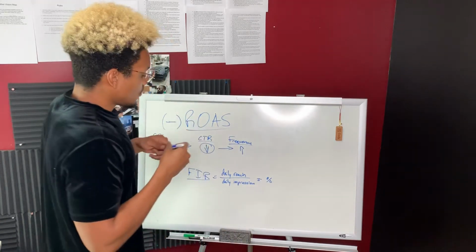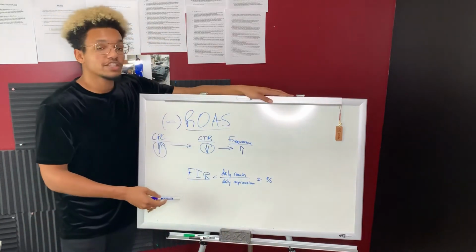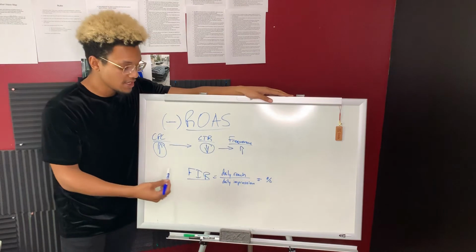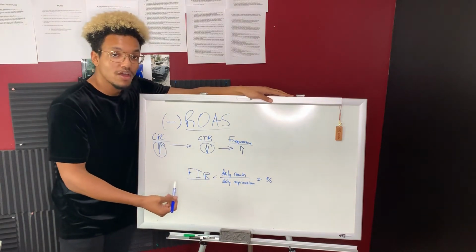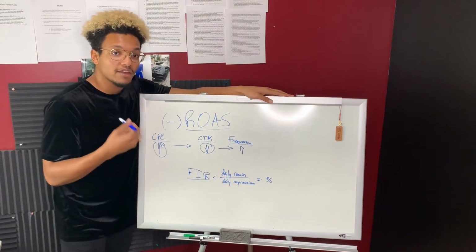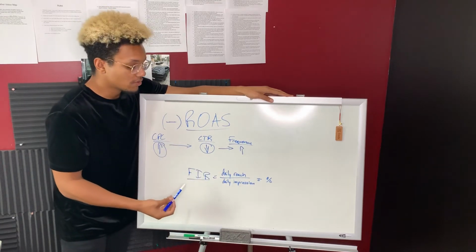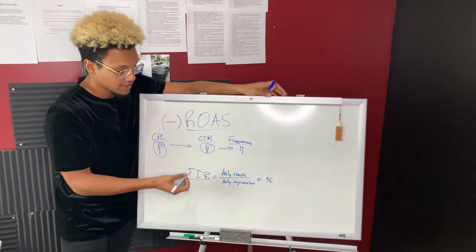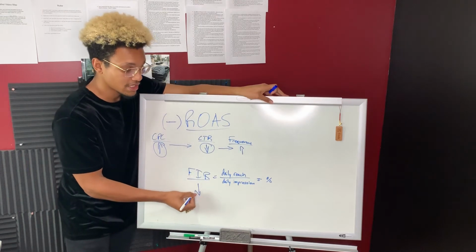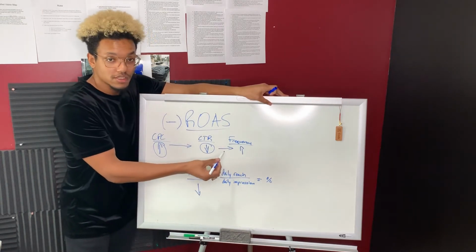So, why is this important? Your first time impression ratio is how many new people are seeing this ad for the first time out of this audience, right? It's not a good sign if your first time impression ratio is decreasing while your frequency is increasing.